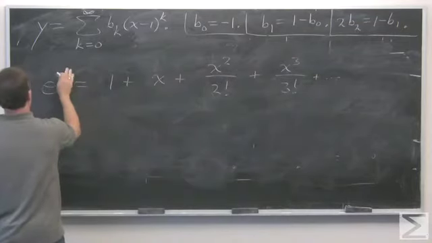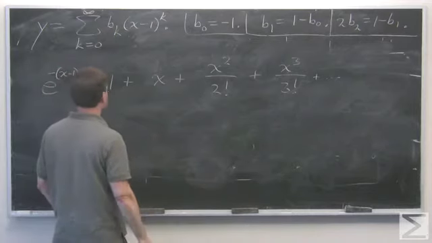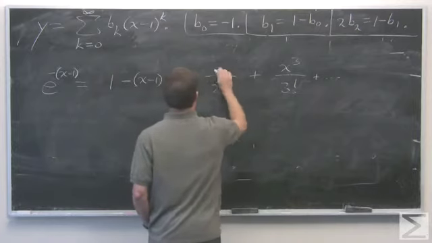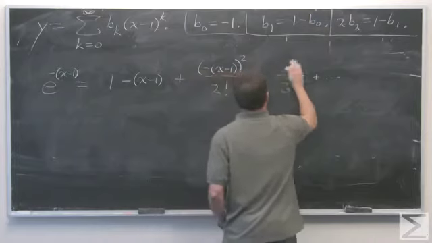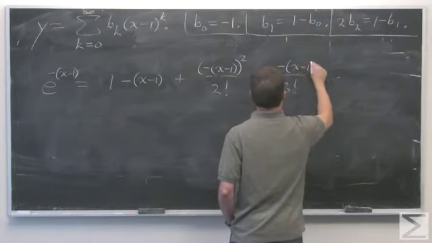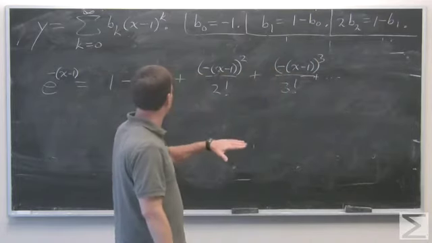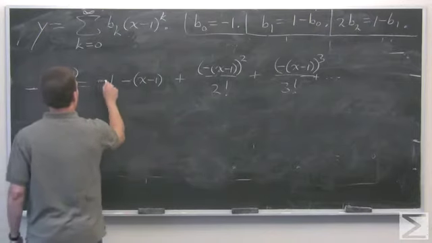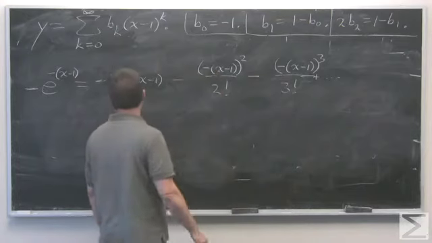If you replace all of the x's by minus x minus 1, you get a minus x minus 1, which looks like most of what we had over there, except I haven't inserted the minus sign yet.